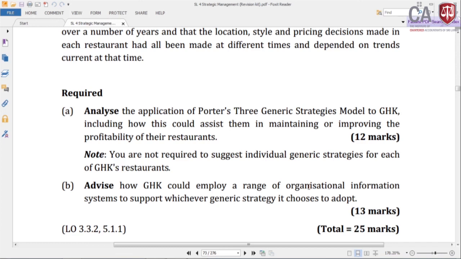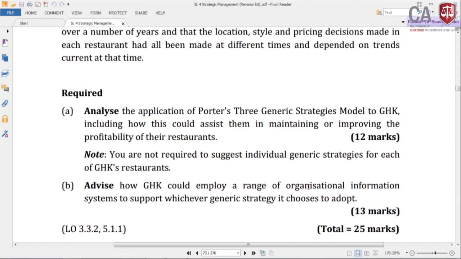So, you have to tell how this would assist them. First of all, we look at the theory part related to that, then we will try to address the requirement.